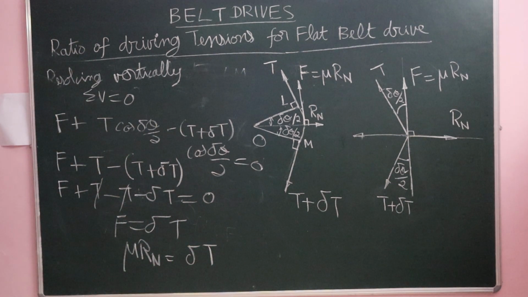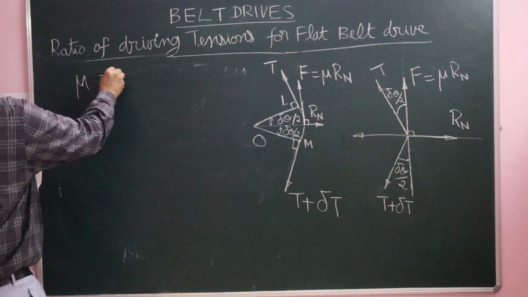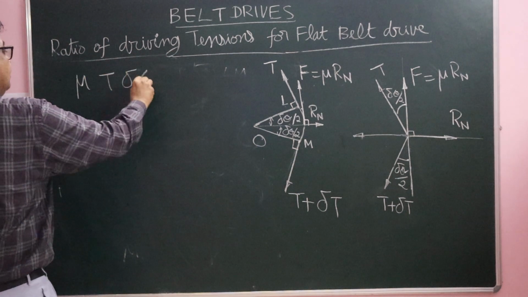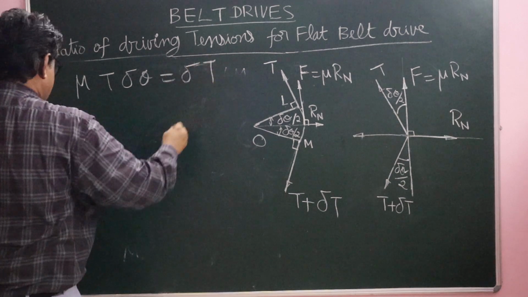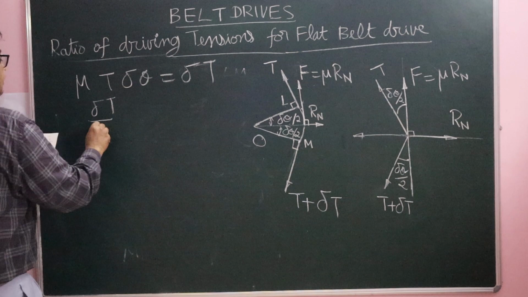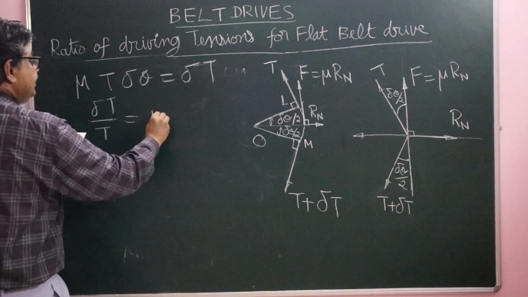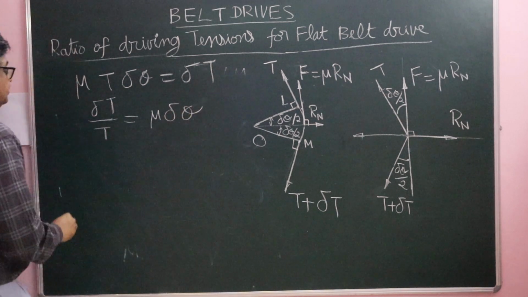Now substitute the value of Rn here in this equation, which we have already found out. Mu into T del theta, that is Rn, equal to del T. Therefore, del T by T is equal to mu del theta. Integrate both sides.